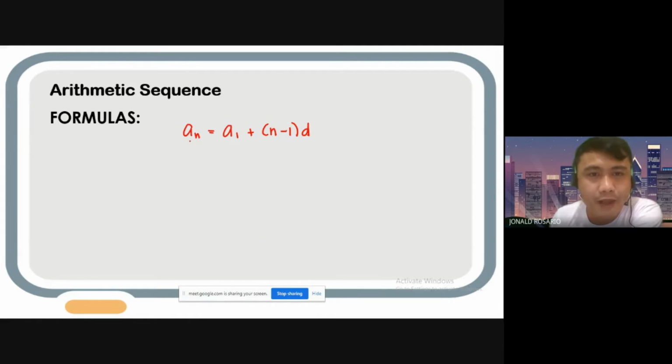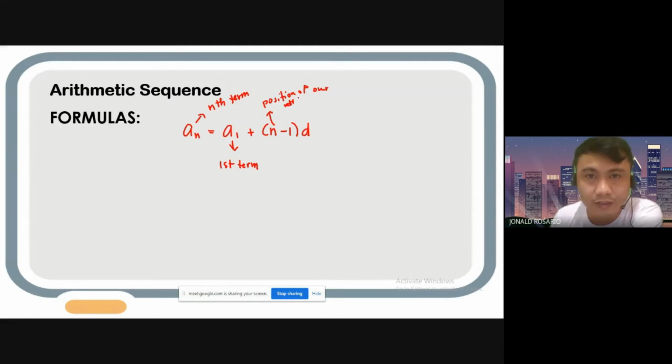Wherein our a sub n is our nth term, and our a sub 1 is our first term. And our n is the position of our nth term.